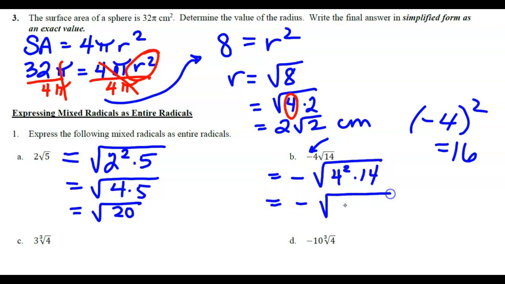So it'll be negative 16 times 14, and 224, right? So when there's a negative and it's a square root, you can't get it all inside the radical. So the negative stays outside. Okay.